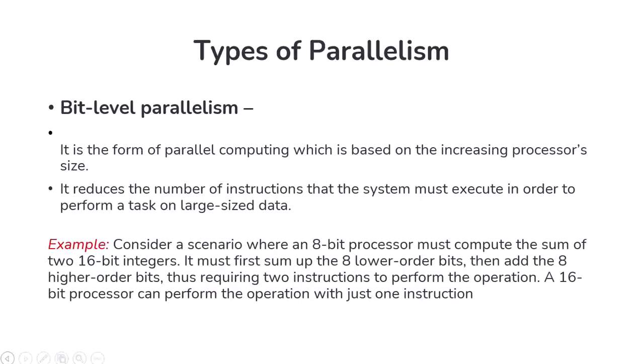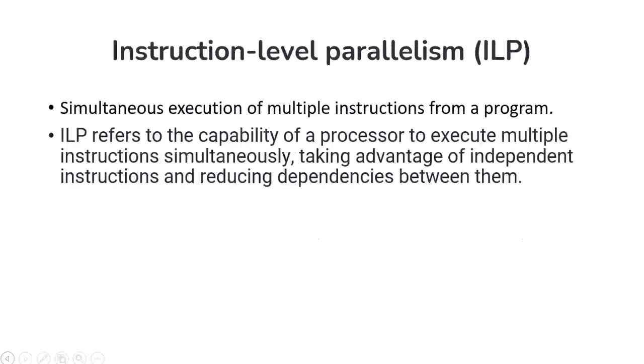How? By adding one more 8-bit processor. If two processors work as a pair in this scenario, it takes only one instruction instead of two. So computational speed is increased and time is reduced.